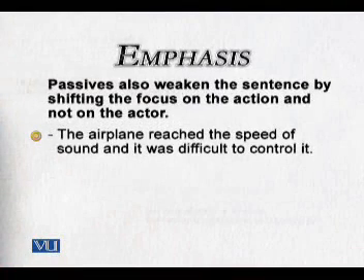Example to illustrate. The airplane reached the speed of sound and it was difficult to control it. The airplane reached the speed of sound. This is one idea. The airplane was difficult to control. As I said, for emphasis, the initial position and the final position of a sentence are very important.